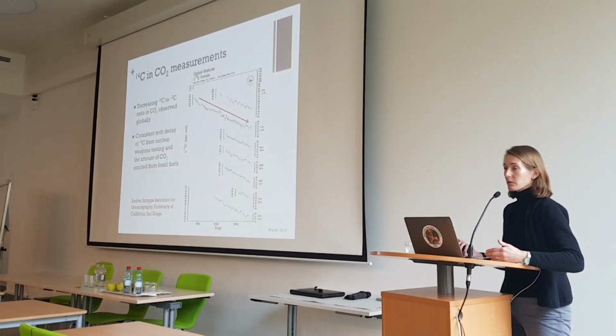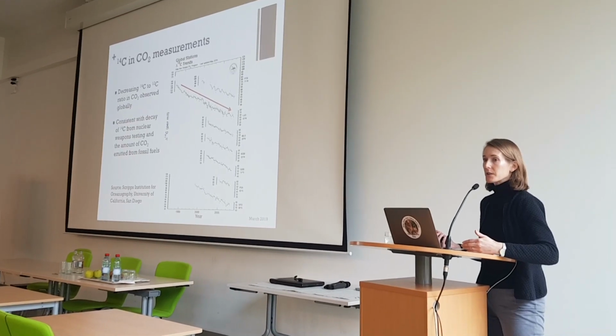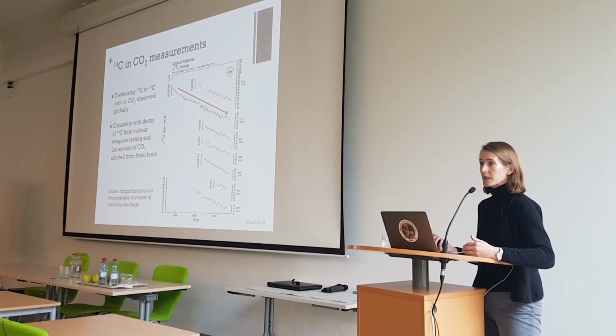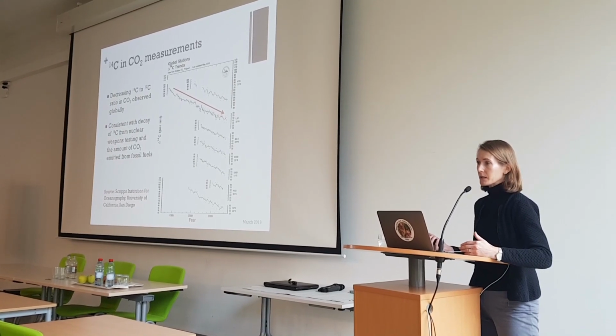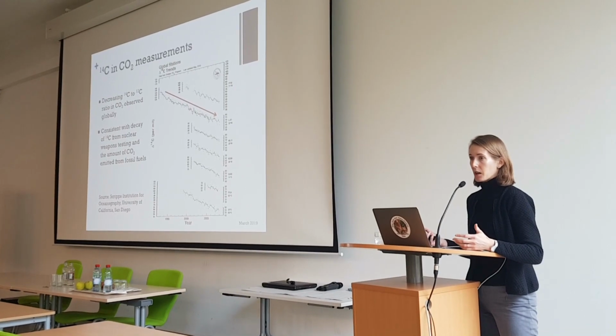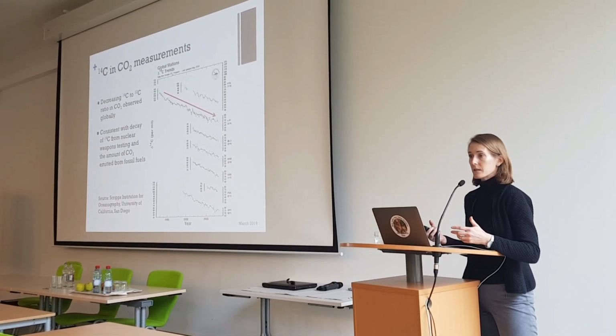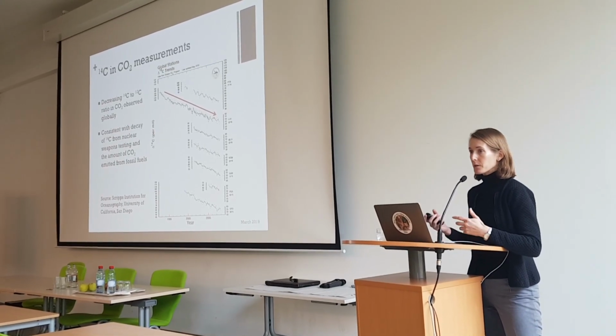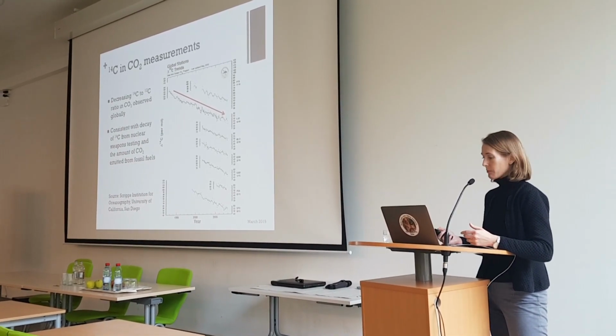Then we have an additional contribution, which is from fossil fuels. So we can use the measurements of carbon-14 to see how much fossil fuel has been emitted. That's quite a good check. We have the statistics of how much oil and coal and gas is produced and how much is used for energy production, but we can also measure this in the atmosphere by looking at carbon-14.